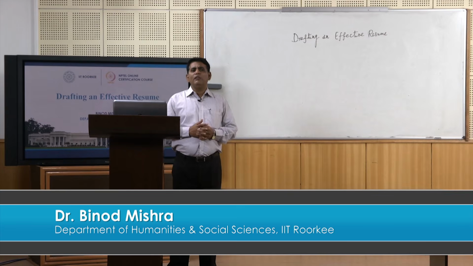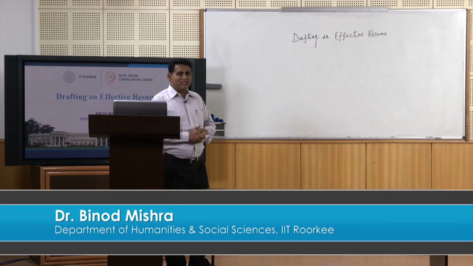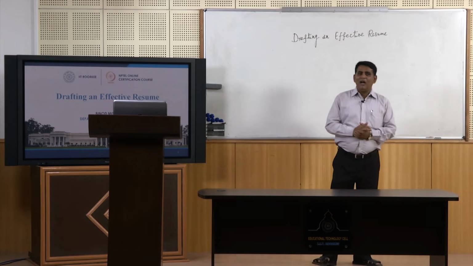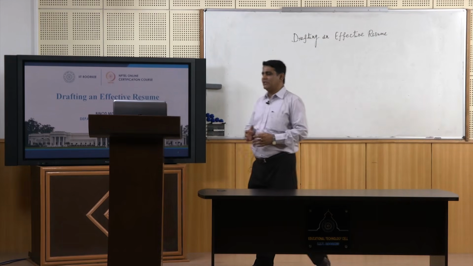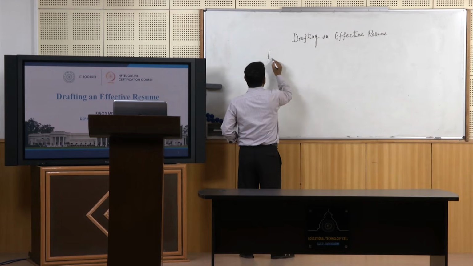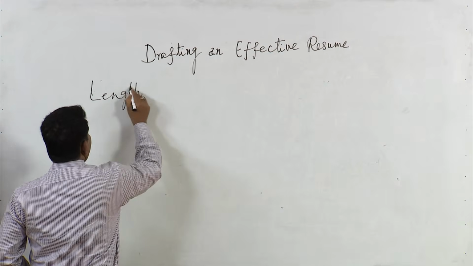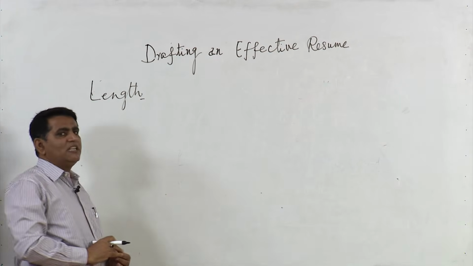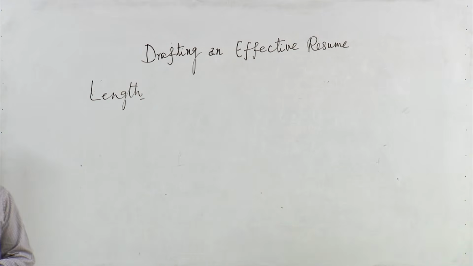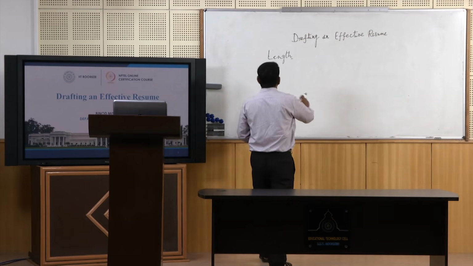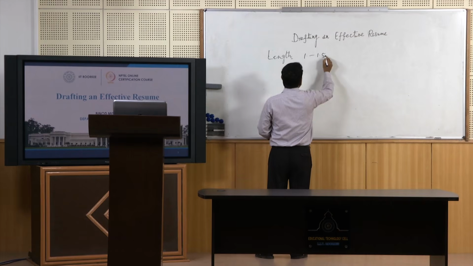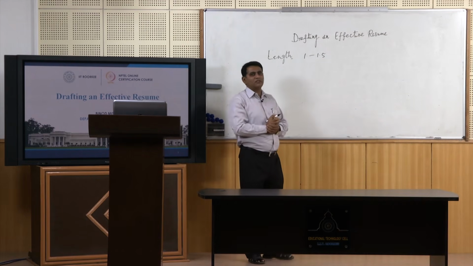Now, when you have understood the various requirements of a resume, let us see how to draft an effective resume. We have already talked about the length, and if you remember well, an effective resume, especially for entry level youngsters who are applying for jobs, should be between 1 to 1.5 typed pages.